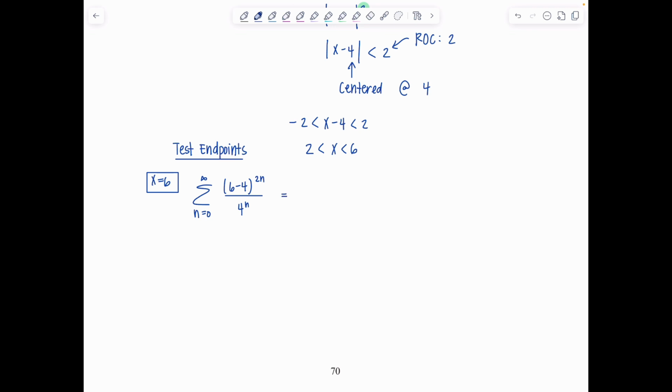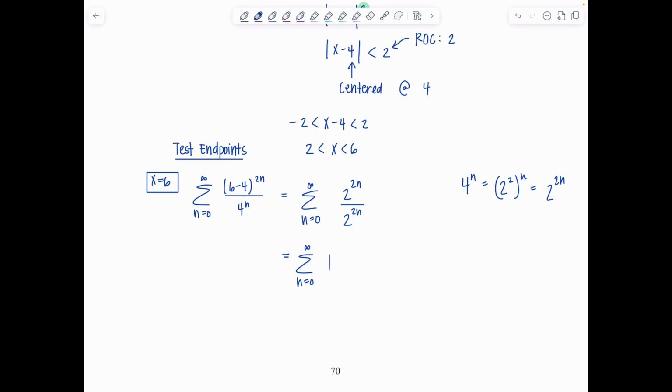Okay, and then if I rewrite this, this is the sum, n equals 0 to infinity, 6 minus 4, that's 2 to the 2n. And then I wanted to show you guys 4 to the n is also 2 to the 2n. Because 4 to the n is 2 squared to the n, so you could write that as 2 to the 2n.